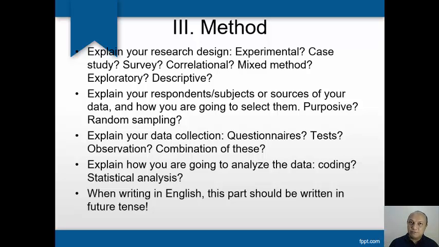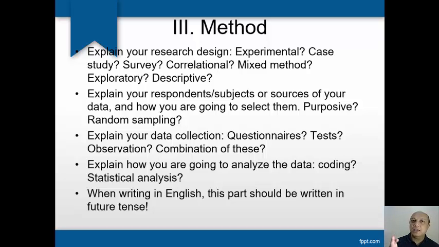Is it going to be descriptive? You just go to a community and carry out some tests or interviews and then come up with a description about how they do things or their level of mastery, things like that. So first of all, explain your research design.